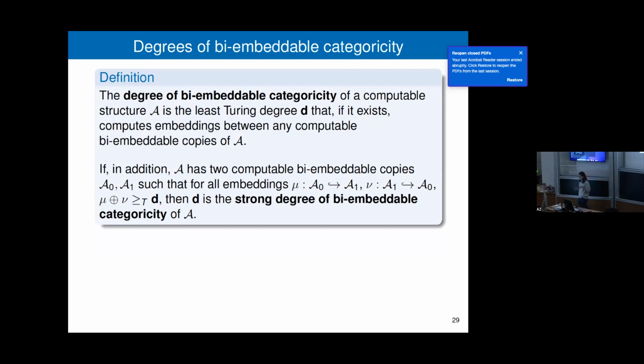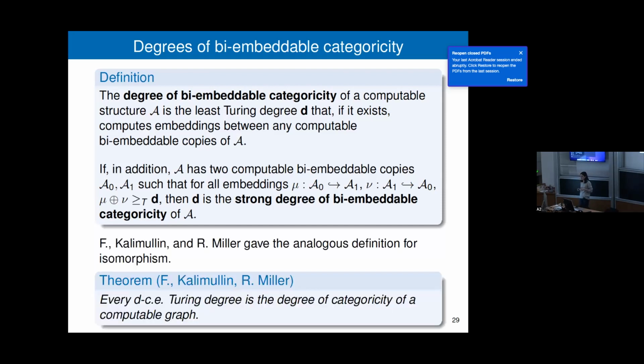We can also define degrees of bi-embeddable categoricity in the usual way. This is the least degree, if it exists, that can compute embeddings between any computable bi-embeddable copies.